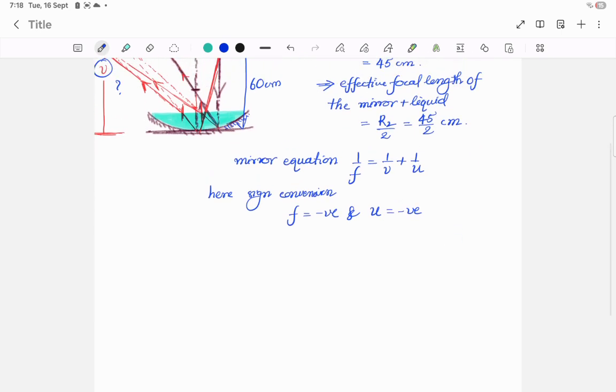F we found is 45 by 2. So 1 by minus 45 by 2 is equal to 1 by V plus 1 by minus 60.